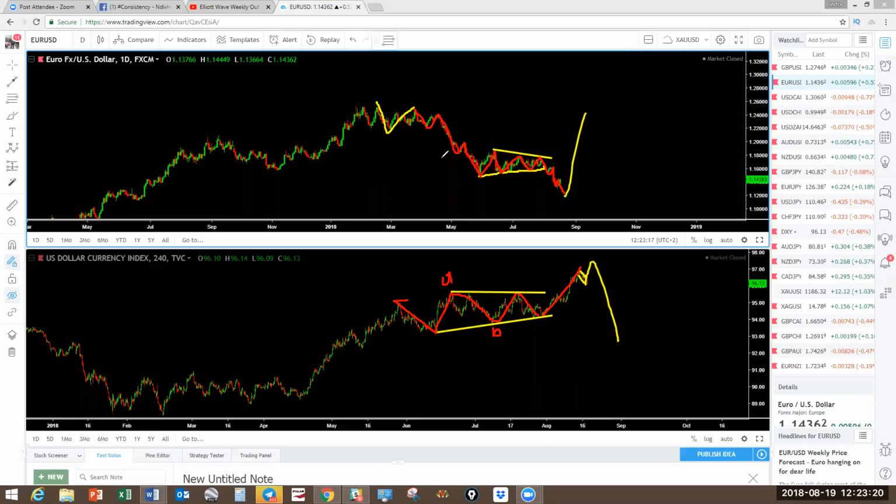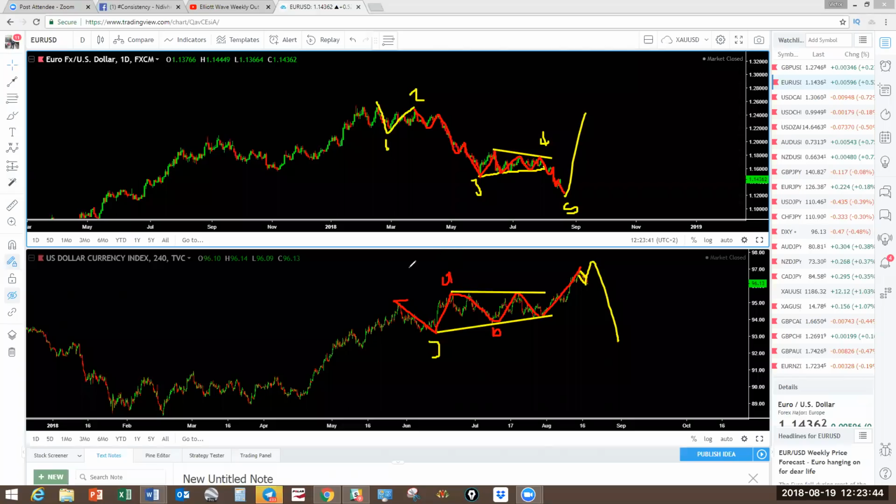Okay, so this should be clear enough. If you look at the yellow here that I've done, 1, 2, 3. Your wave 4 is the triangle, and then a 5. Is the 5 completed? We'll see that. Okay, now you've got a running triangle here. The same thing. You've got this one as your 3 here, and a 4.